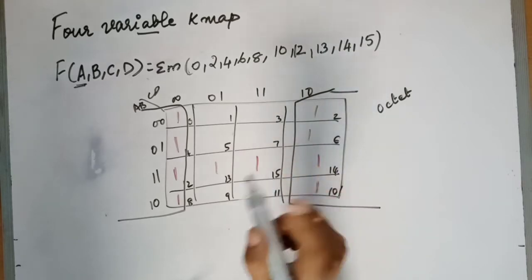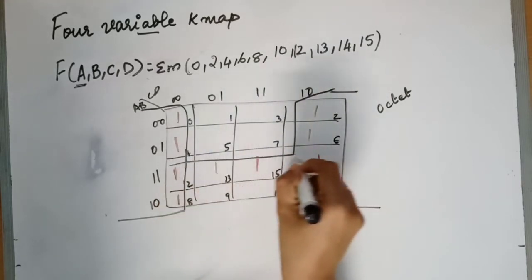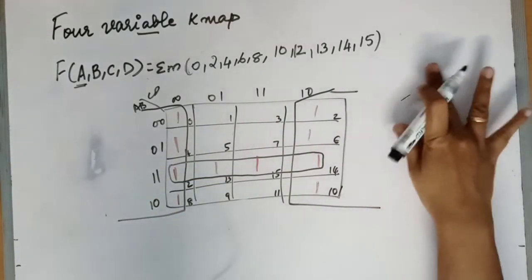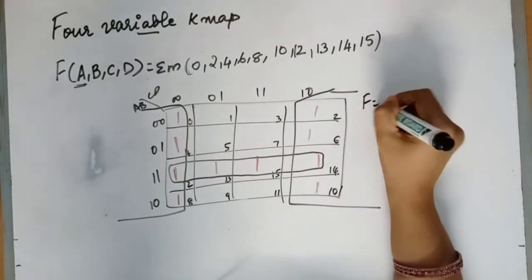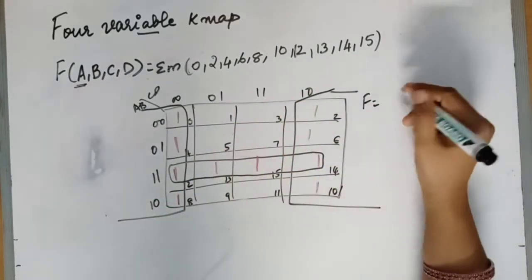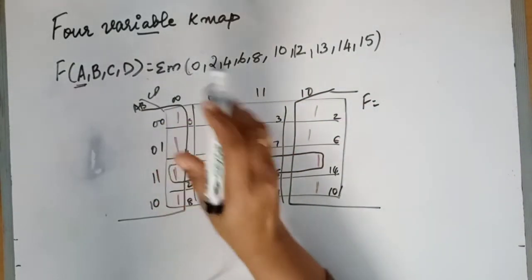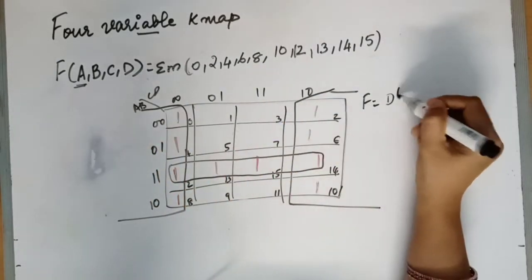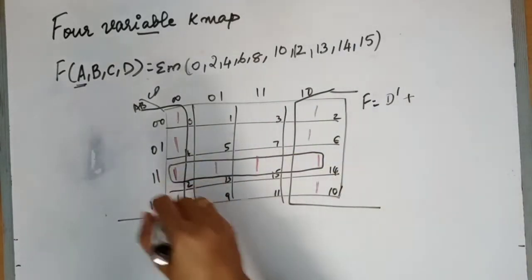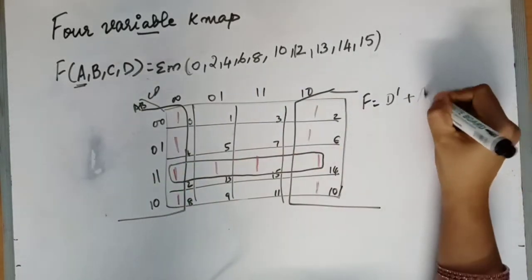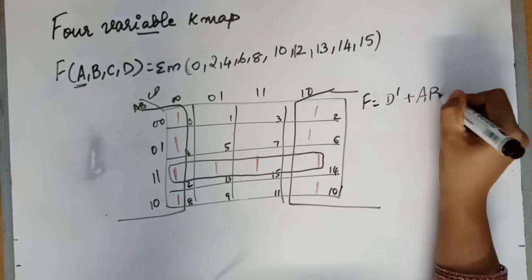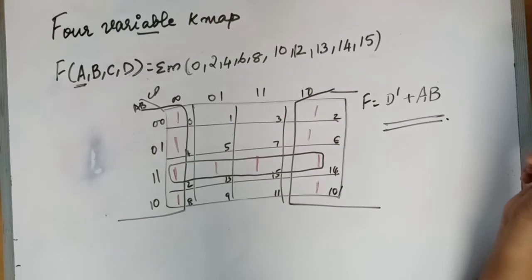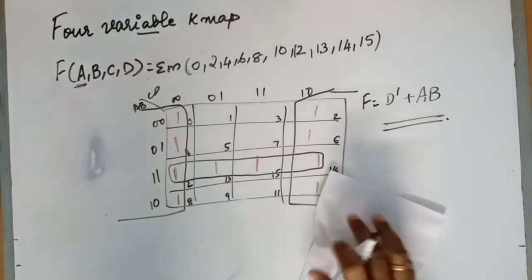It is better to group as a quad, right? So what is the answer? F equal to what? Octet will give you D bar, nothing else is common. Plus this 4 ones, so that will be AB, CD, nothing is common. So this is your answer, right? So this is a 4 variable K-map.